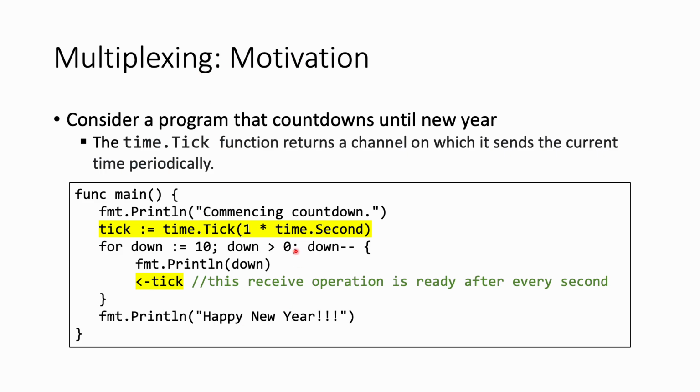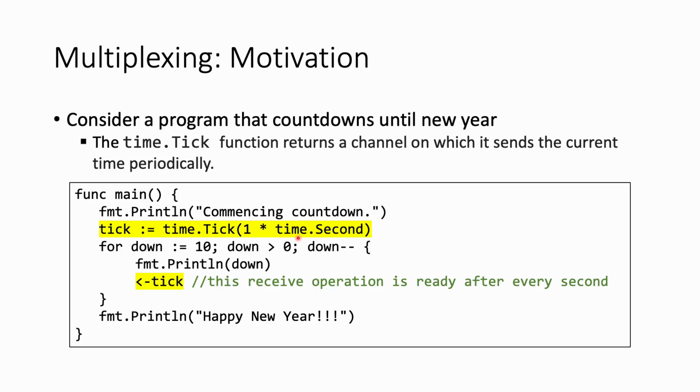Consider the program that counts down until the new year. This program uses the time.tick function, which returns a channel on which it sends the current time periodically. The period between two sends is given as the argument of function time.tick.